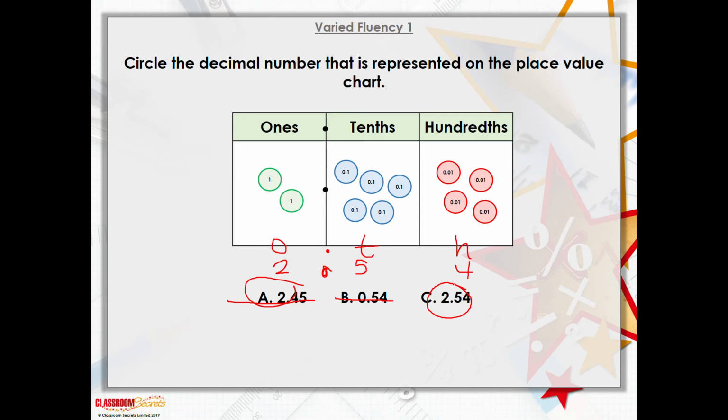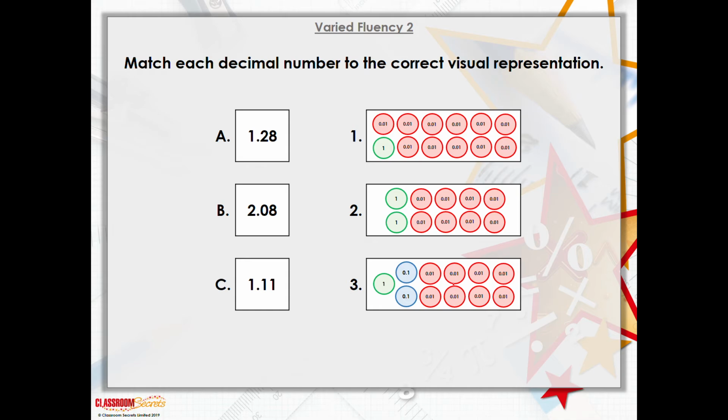Right, let's have a look at activity number 2. It says here, match each decimal number to the correct visual representation. So what I can do is I can do my place value grid just up here. Ones, tenths and hundredths. Now I'm going to have a look at number 1 first of all. Number 1 has 1 one. Now let's have a look at how many tenths.